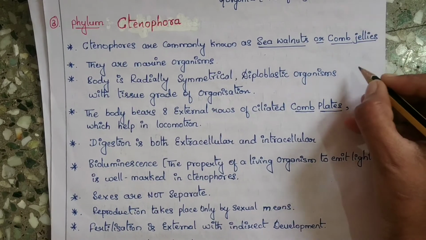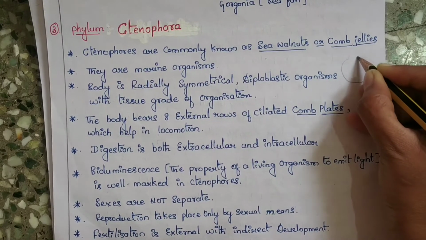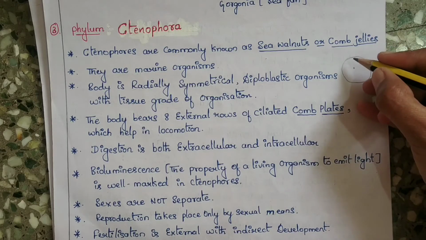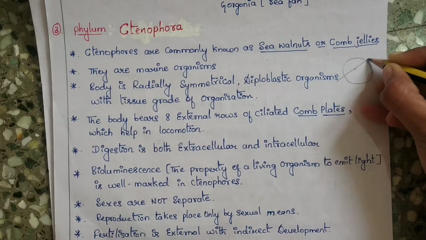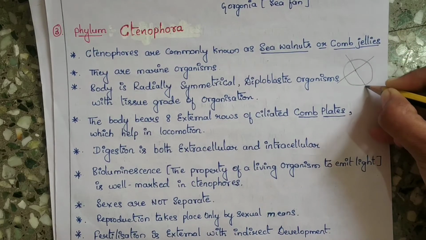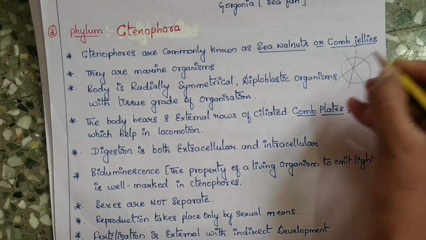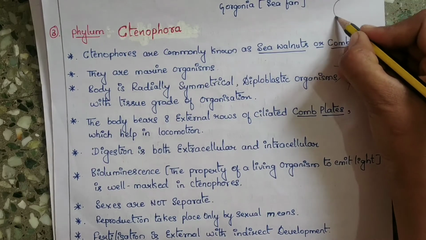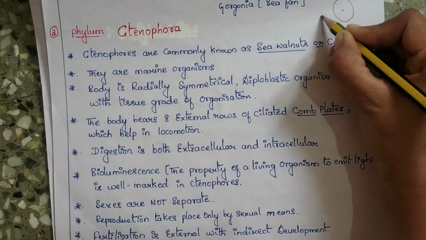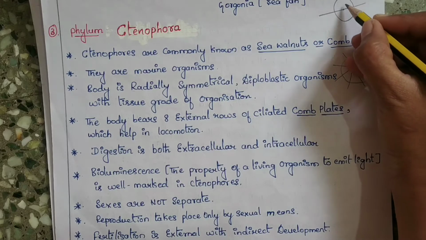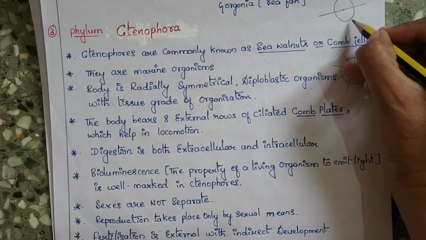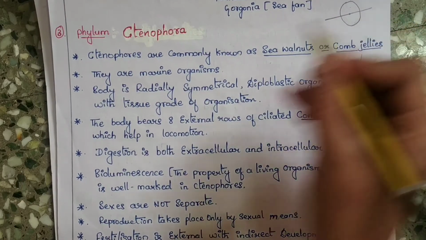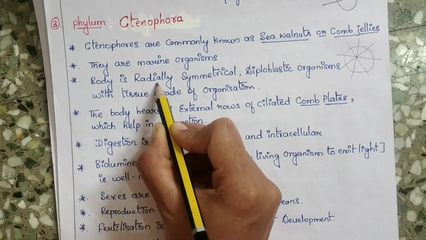If this is the body and this is the center, any plane, from this side or this side, at any angle through the center, makes the organism into two identical halves. That is called radially symmetrical.